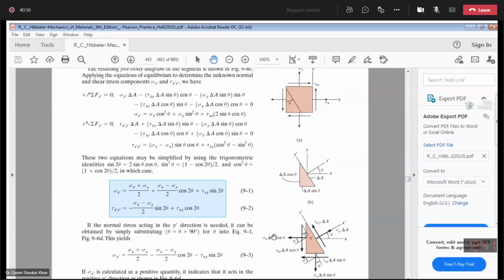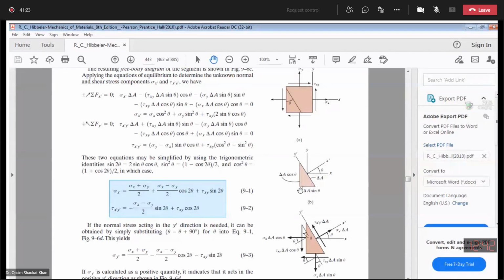So now we have converted these stresses into forces. Then you have sigma y and tau xy. Over here, to convert these normal and shear stresses into normal and shear forces, we multiply the normal stress sigma y with the area delta A sin theta.